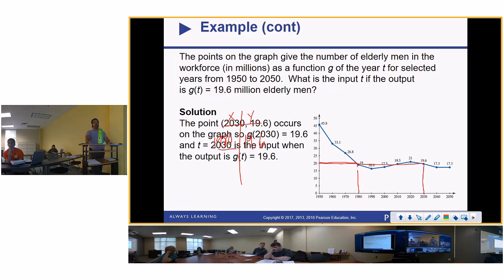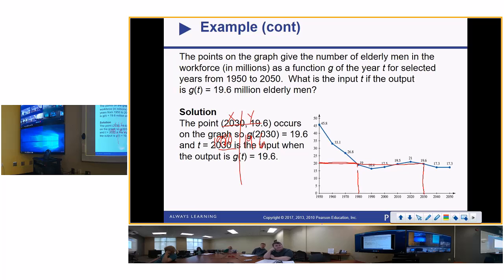Does anybody see why 1980 doesn't count? I guess they're just looking for the dots and not the line. I guess you just disregard the lines and just go with the points. Like you said, 2030 is the only one that has 19.6. On a scale from 1 to 10, that's a 1 on the challenging. I mean, I don't like those two questions.